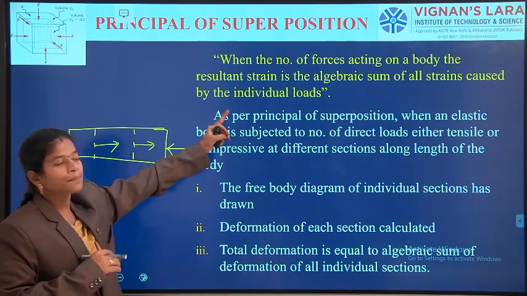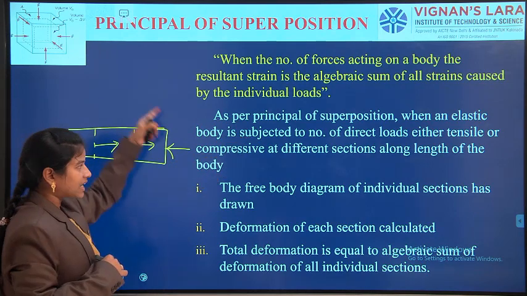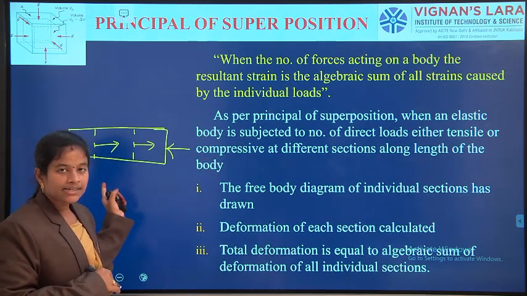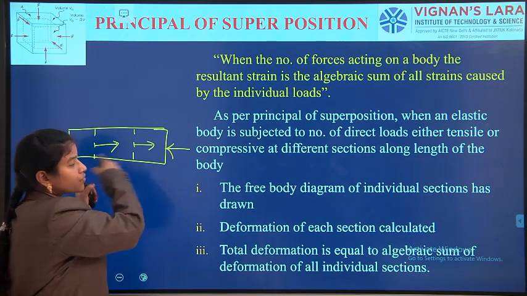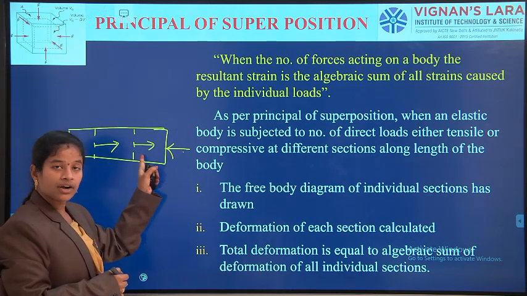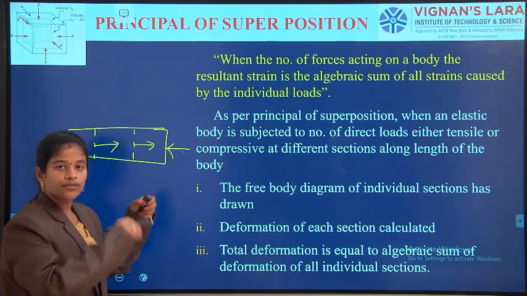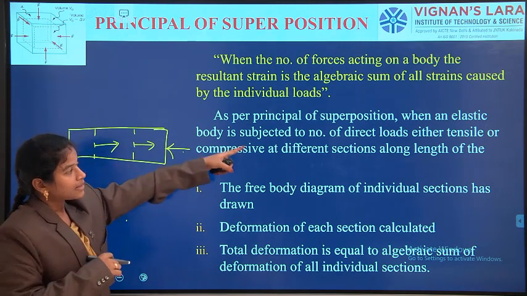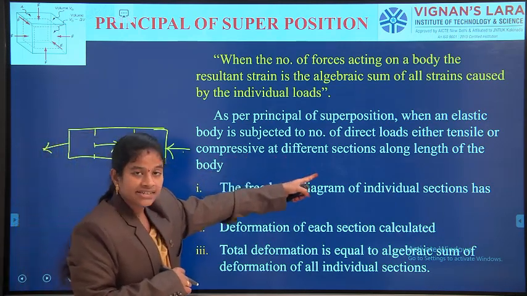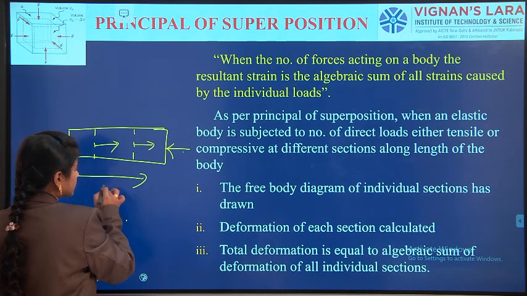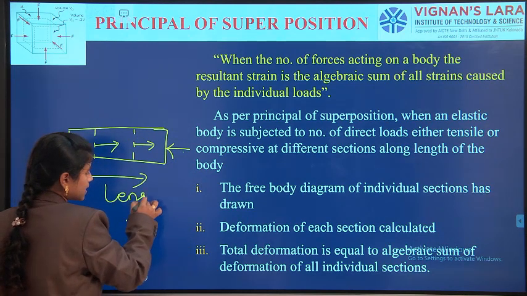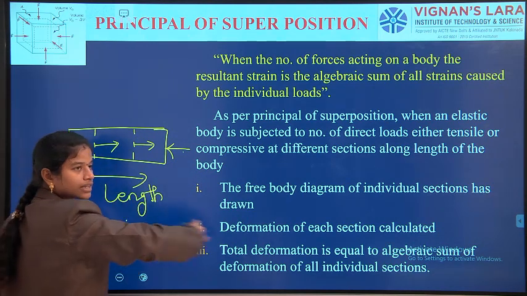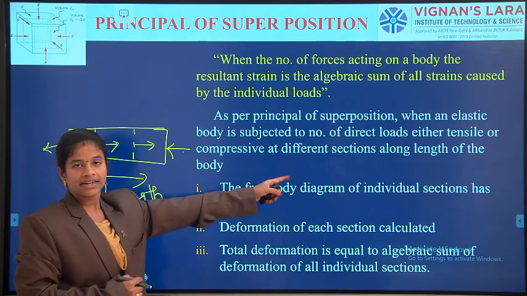So as per the principle of superposition, when an elastic body is subjected to a number of direct loads, either compressive or tensile, the direct loads act at different sections along the length of the body. This is the length direction only, right? Along the length of the body, we are applying different loads.